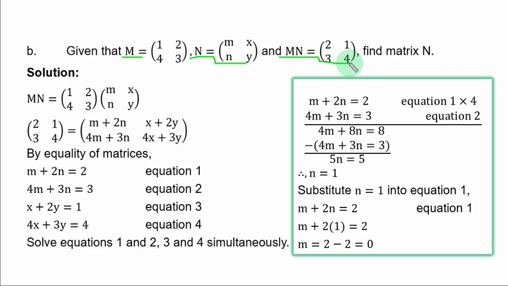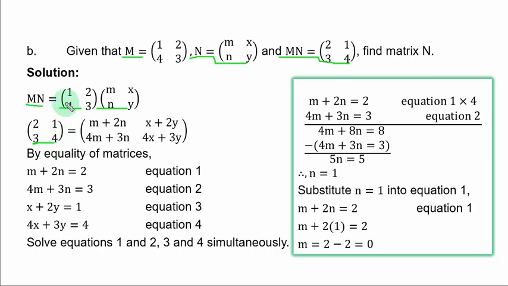Find matrix N. From the problem, the product MN is first multiplying matrix M by matrix N, and the product is given to you as this matrix.